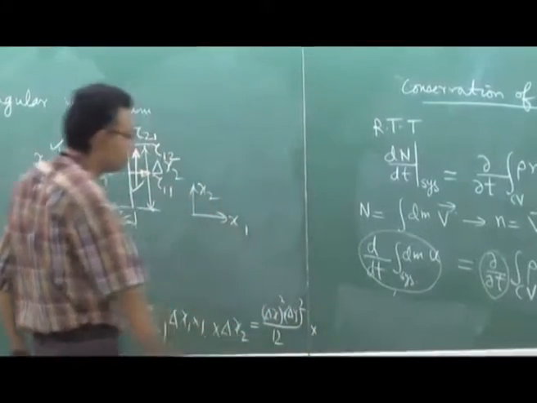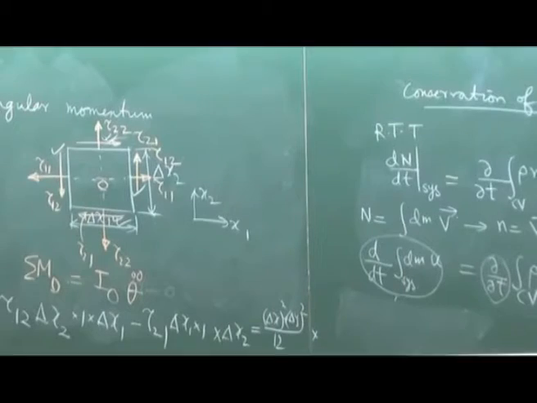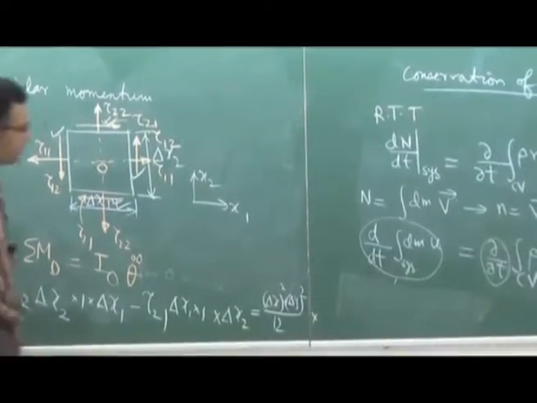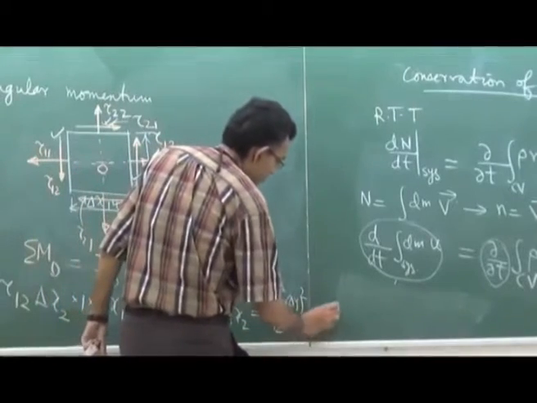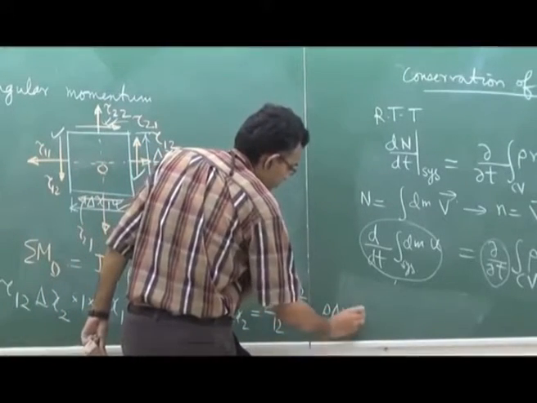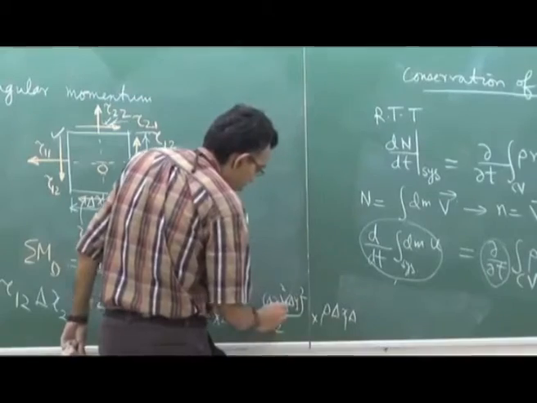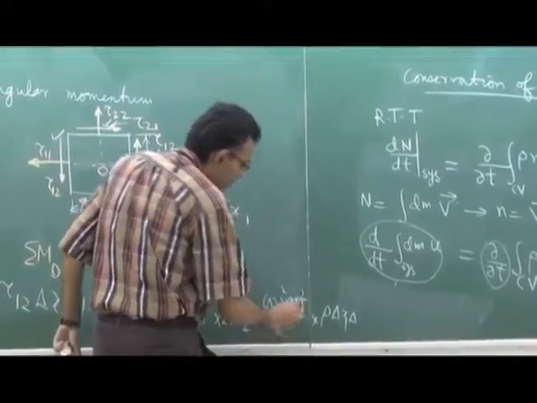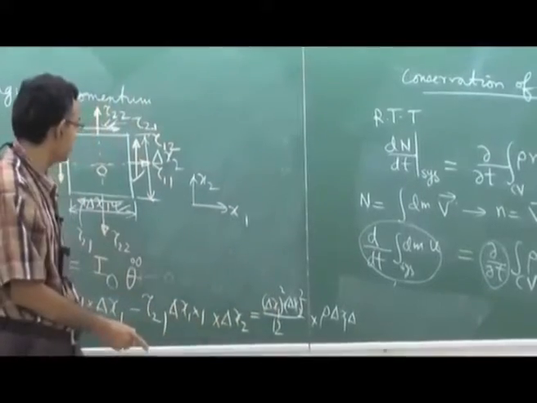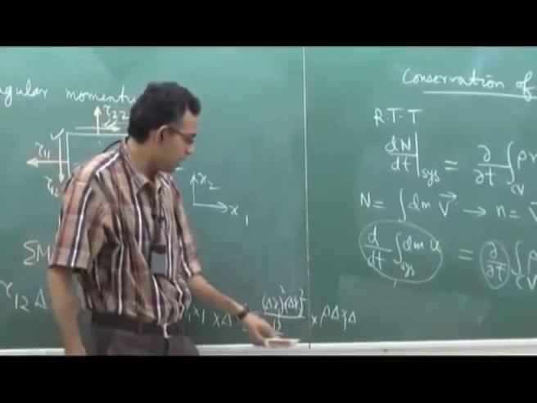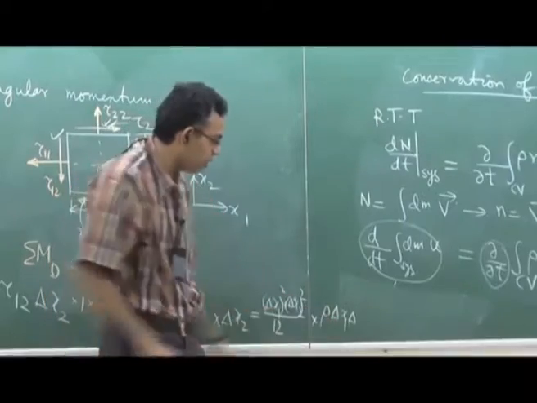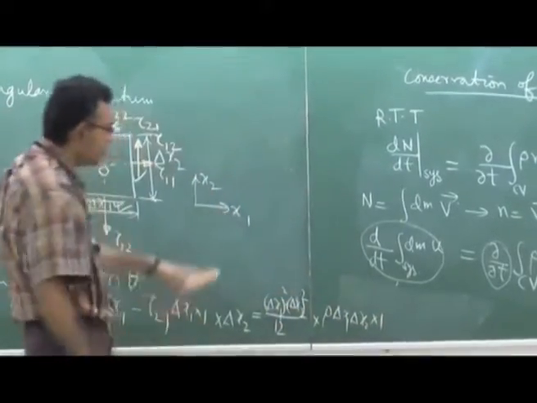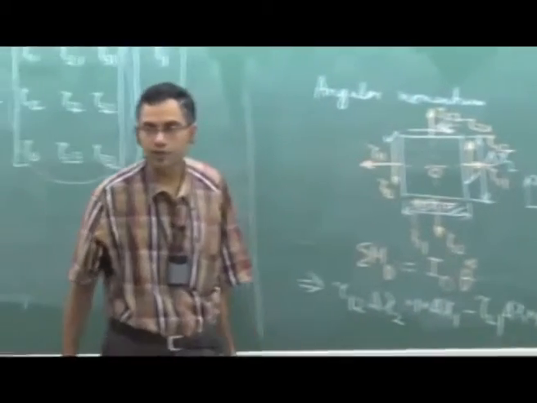What is the mass? Mass is density times the volume. So in place of delta y it is delta x2, in place of delta x it is delta x1. So (delta x1 plus delta x2) square by 12 into rho into delta x1 into delta x2 into 1. This is like m into (a square plus b square) by 12, something like that.